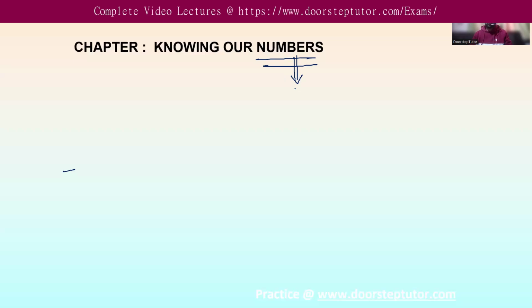You might know that we have something called positive numbers, and one more that is definitely called negative numbers. Positive numbers and negative numbers.